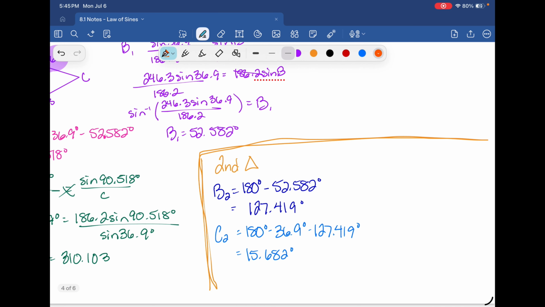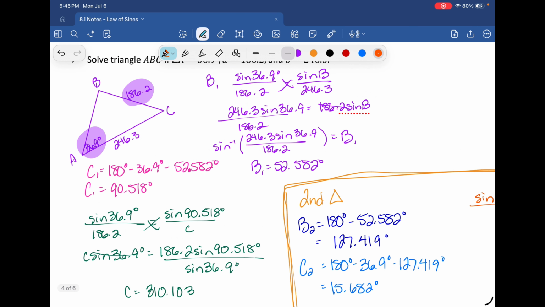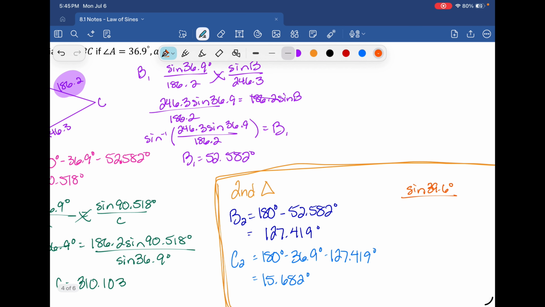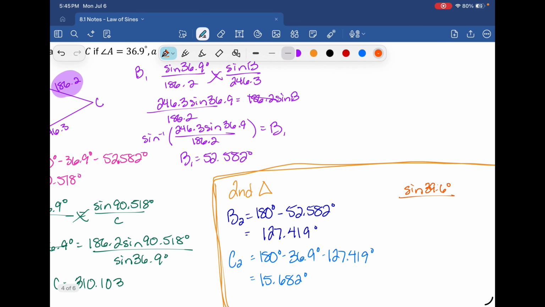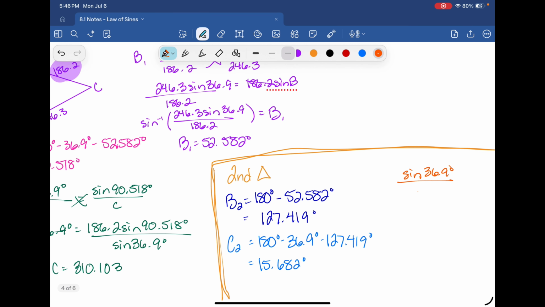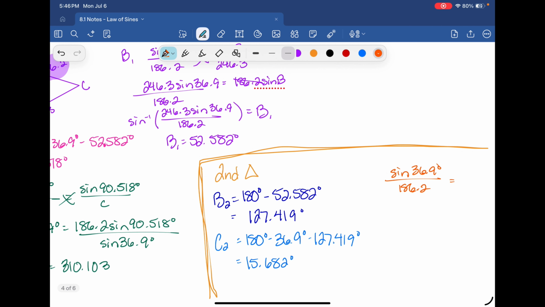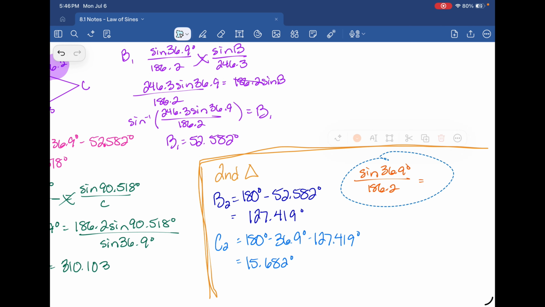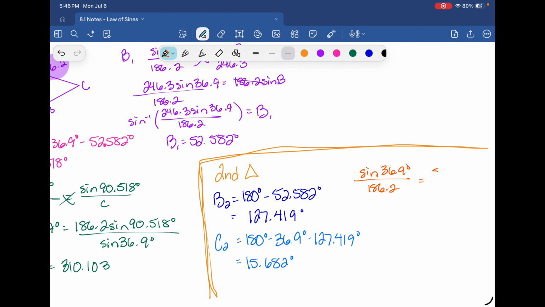All right, so sine 39.6 degrees over 186.2 equals sine 15.682 degrees over little c. Let me check and make sure that's what I typed in the calculator. Yep, we're good.